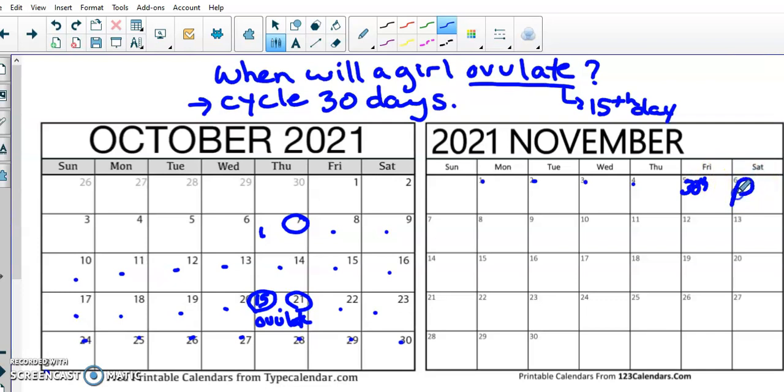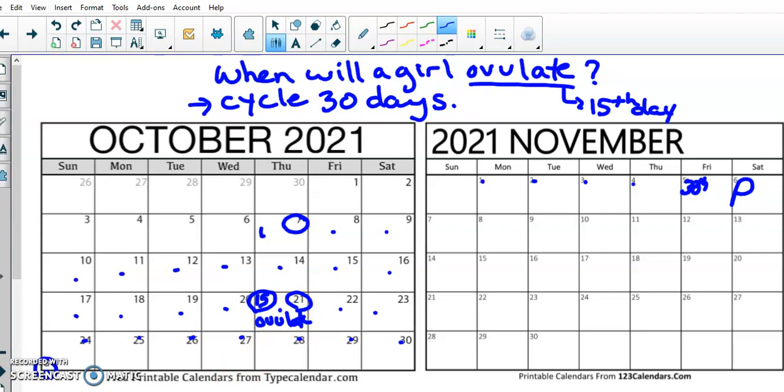So that's the next period. So she's going to be okay on Halloween, no problem. No period there. Her period will start the 6th of November. So that's how you do it. Figure out when she ovulates, and then you get a lot of information from that point on.